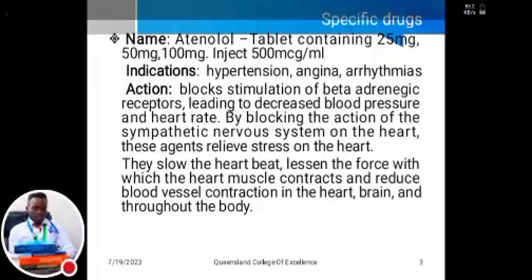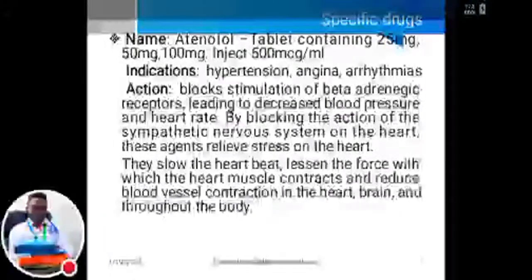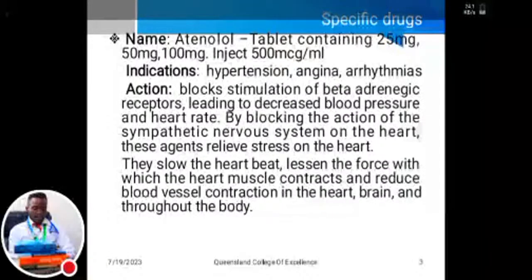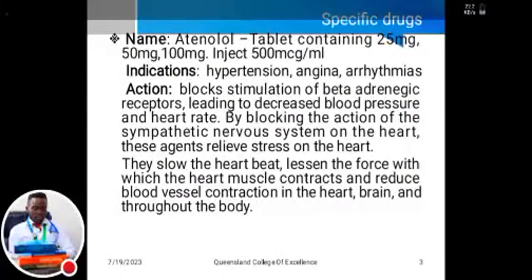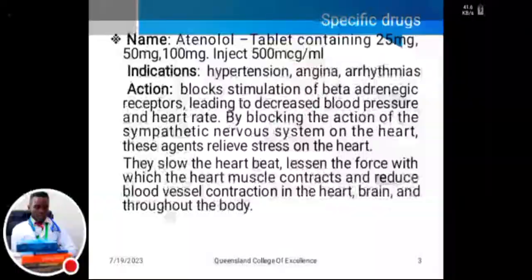Then this activation stops, because nothing lasts for a longer period. The moment it stops, the parasympathetic nervous system comes in, and a person blacks out. That is the parasympathetic nervous system on the heart.